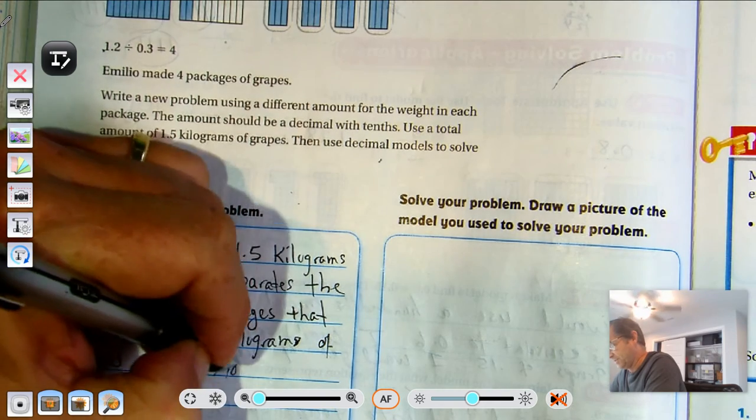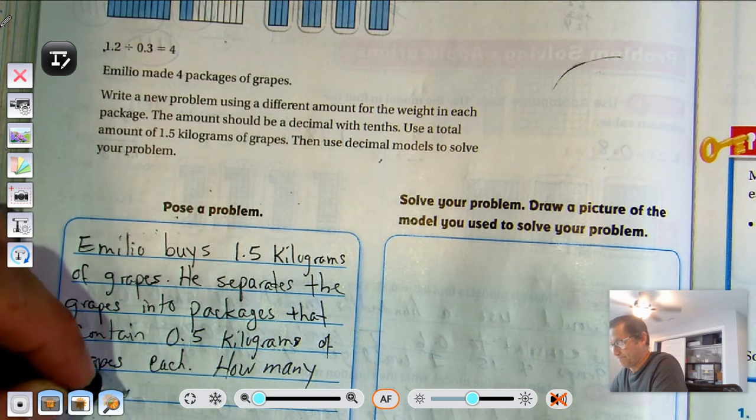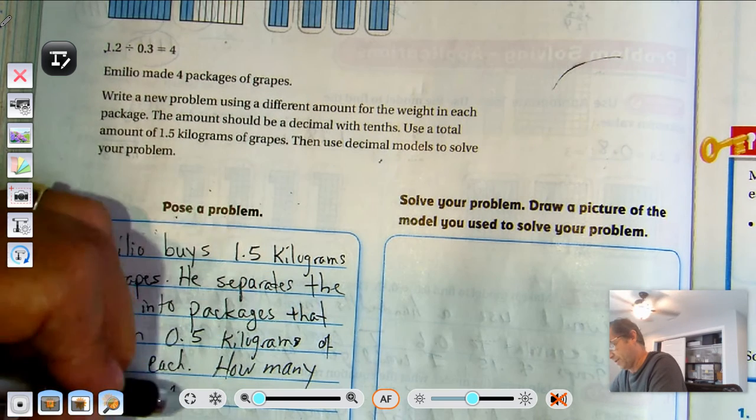How many packages of grapes does Emilio make?